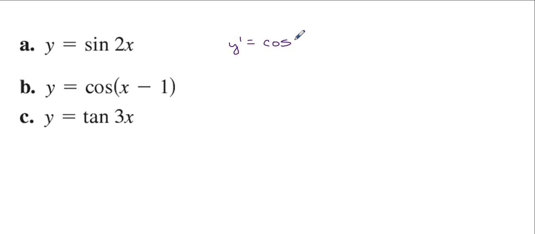Of the inner function, which is 2x, times the derivative of the inner function. The derivative of the inner function would be what, 2? And we don't leave our trig functions written like this. We put that 2 in front. And you can leave it like that, or you can put parentheses around the 2x. Doesn't really matter.